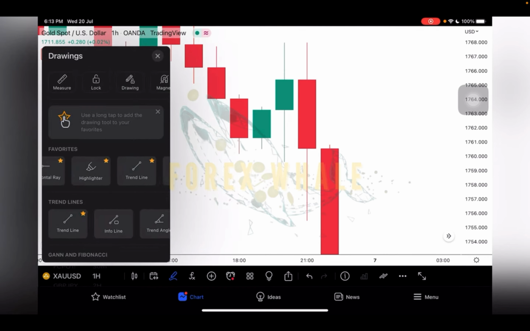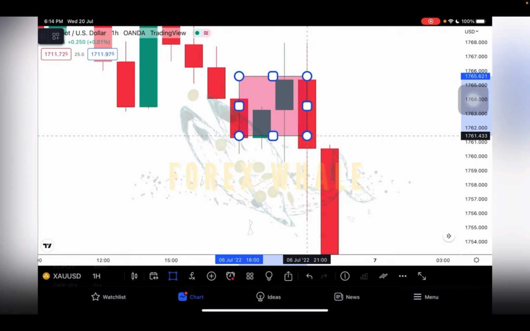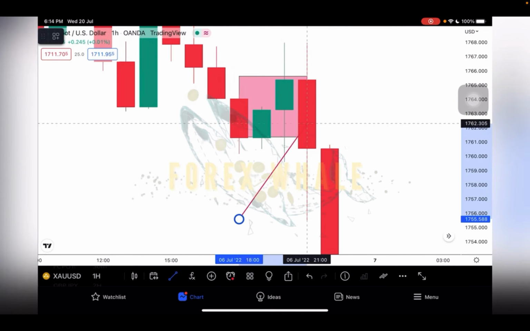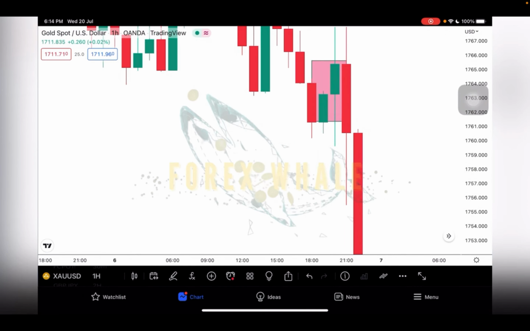Not just one candlestick, but 2 candlesticks. And look, the body has already engulfed not just 1 but 2. Look at the shadow here, look at the body size. Okay, so this is your first confirmation.